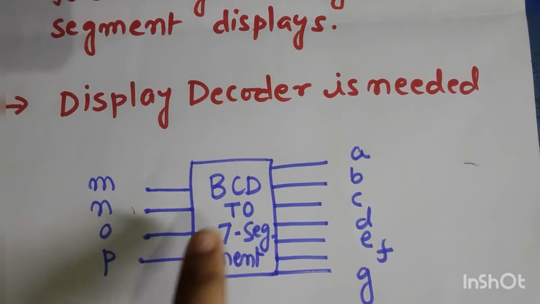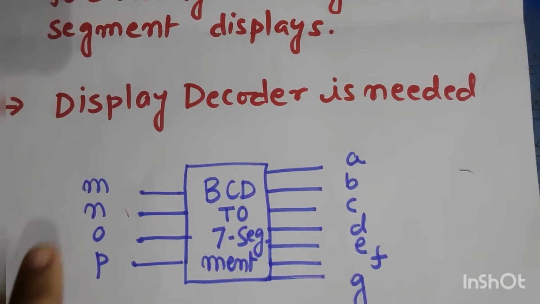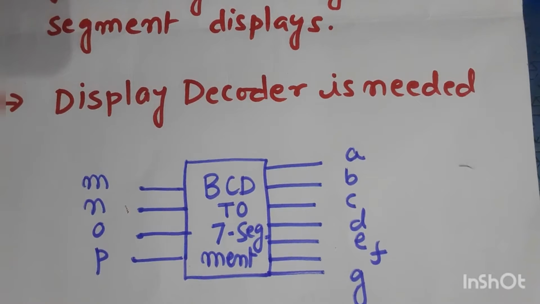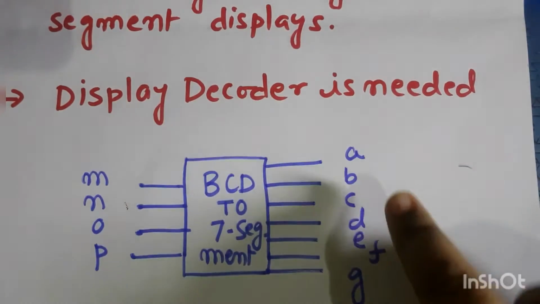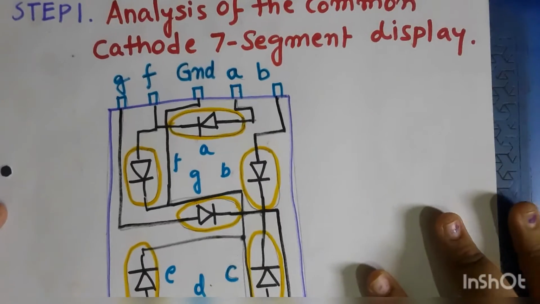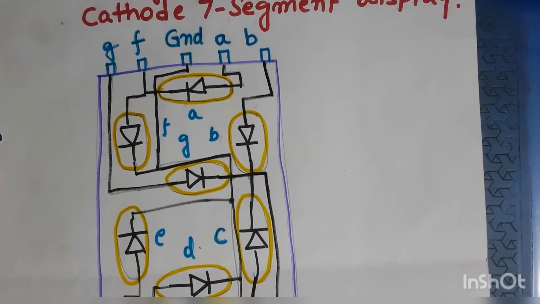The inputs to the BCD to 7-segment decoder are 4 inputs, M and OP, while the outputs to the 7-segment elements are A, B, C, D, E, F, G. For the 7-segment display, we are using a common cathode 7-segment element. So here is the common cathode.